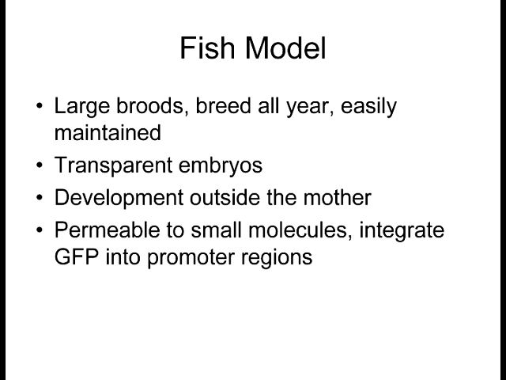One of the nice things about this fish model is the cells are very permeable to some of the lipofectamines and other ways of introducing recombinant genetics into the cells. So they're great for fate maps, being able to tag them with GFP so we can look at where genes are being expressed. So the fish model's been used substantially because of that, the Xenopus.